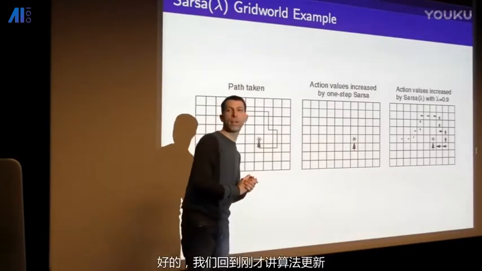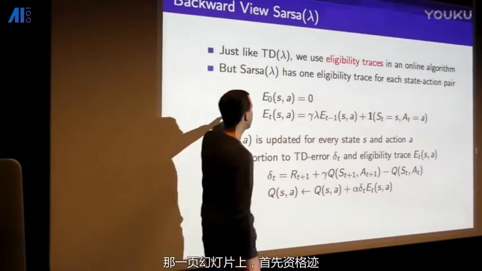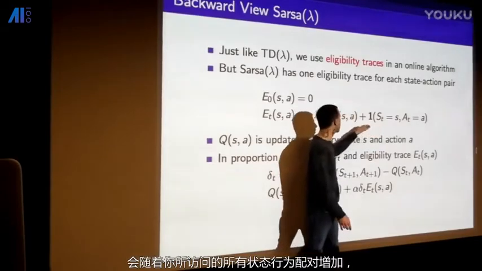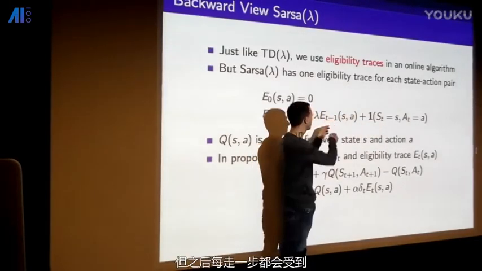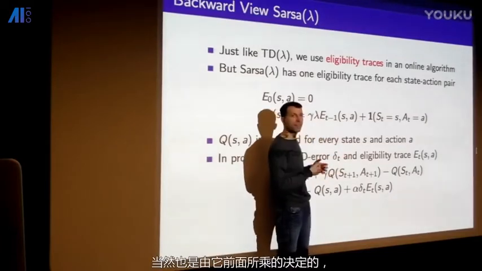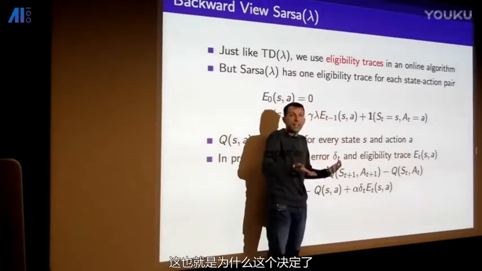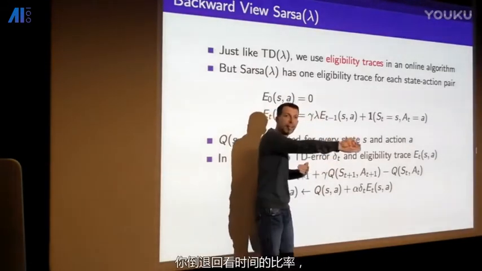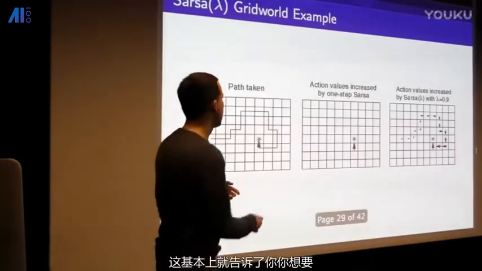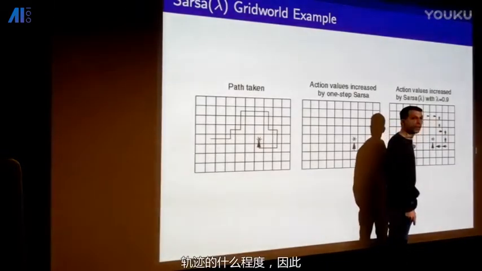No, so if we go back to the updates in the algorithm, the eligibility trace is incremented in all the states and actions you visit, but it's also decayed every time step. It's decayed by a factor of lambda, and also by your discount factor gamma. So that's why this lambda parameter sets how far back in time you look, because now you've got this decay rate, which tells you how steeply you want your eligibility trace to decay going back along this trajectory.